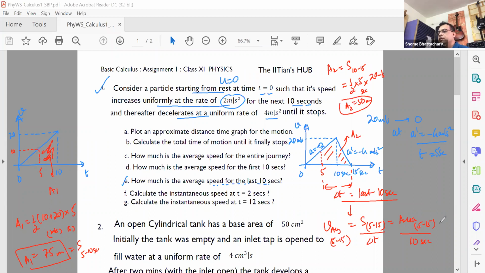So the sum of these two areas is 75 plus 50, that is 125, divided by 10 seconds. Meters divided by seconds, so this should become 12.5. You understood now? Yes, sir. Okay, very good.